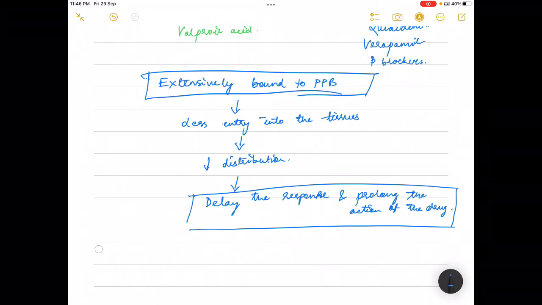Conversely, if there is less binding to the plasma protein, there will be more entry into the tissues, more distribution of the drug, and so there will be a fast response and less duration of action.